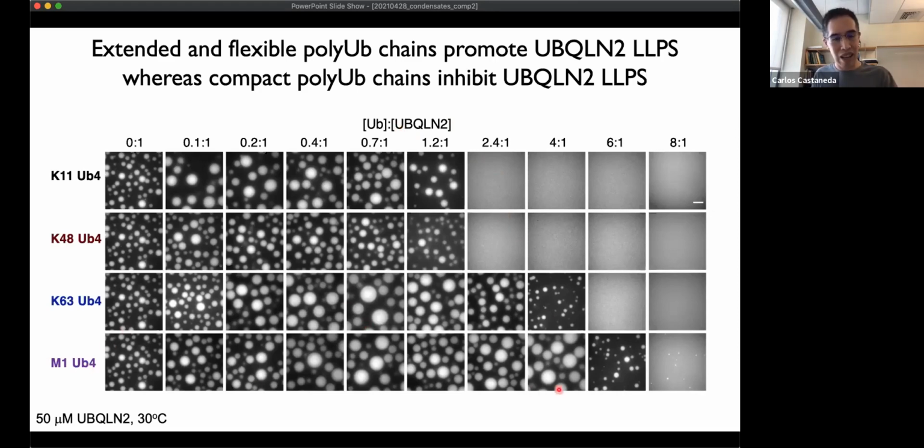But M1 actually extends the regime where we see phase behavior of ubiquilin out to even higher ratios than what we saw for K63. This leads us to think that maybe these more extended chains can promote phase behavior of ubiquilin, whereas the compact chains of K11 and K48 are inhibiting the ability of ubiquilin to phase separate.